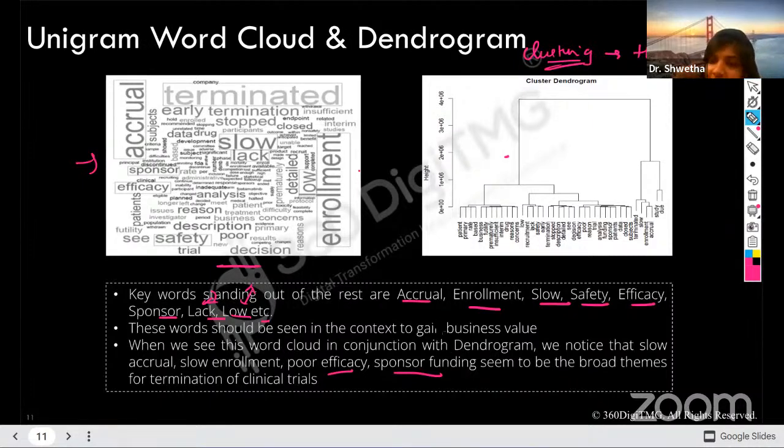It all depends on the hierarchy. But these were found to be the important reasons for the termination of the clinical trials.